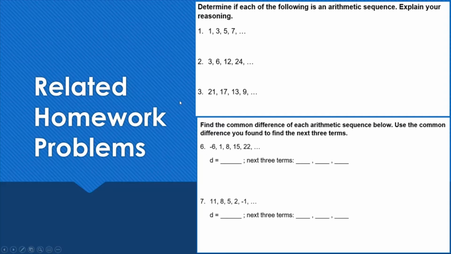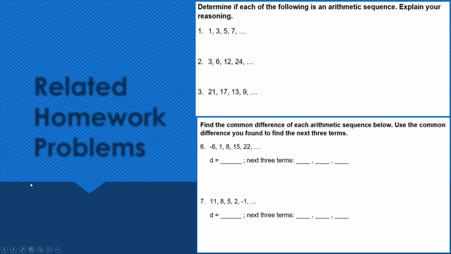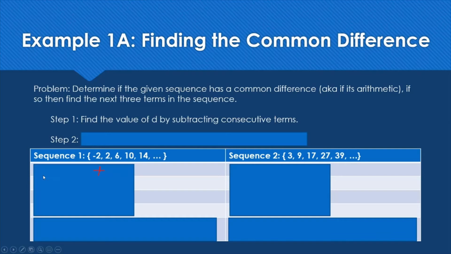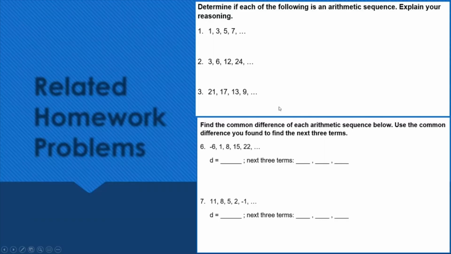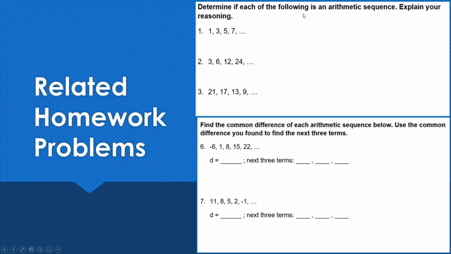So the first type of problem that you'll have is to do what we did in the original problem. If you remember way back to here, we had to determine if the sequence was arithmetic by finding the common difference. So that's actually what we're going to have to do for this problem again. For each of these, you need to figure out if there is a common difference. So look at each of these 3 sequences and see if the digits from one to the next are the same.